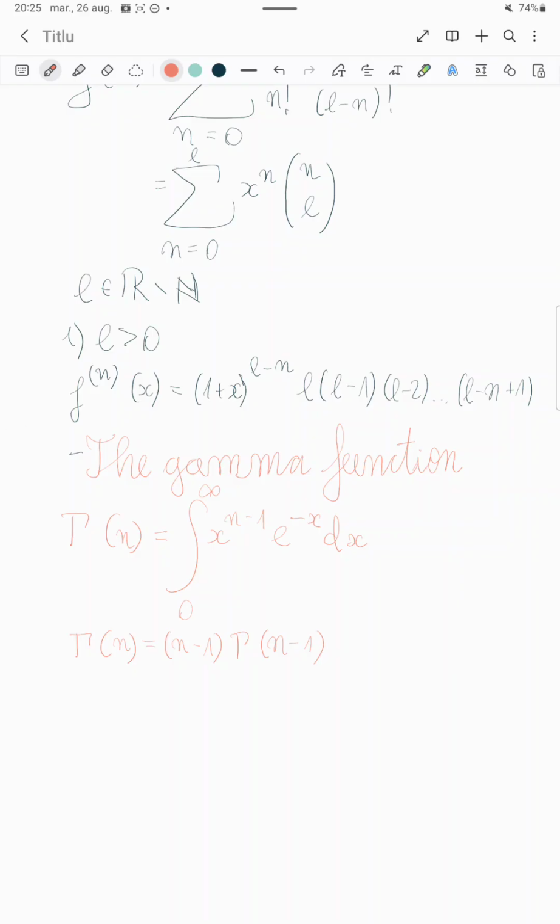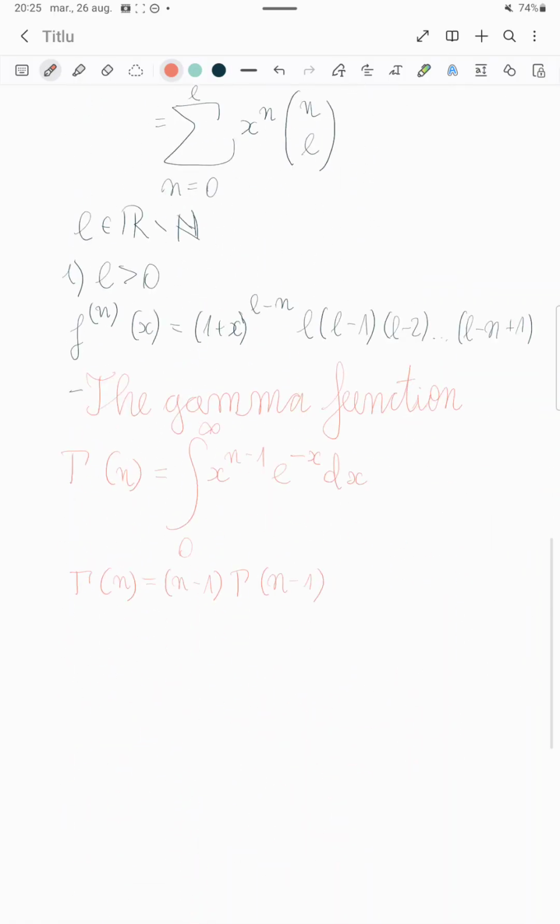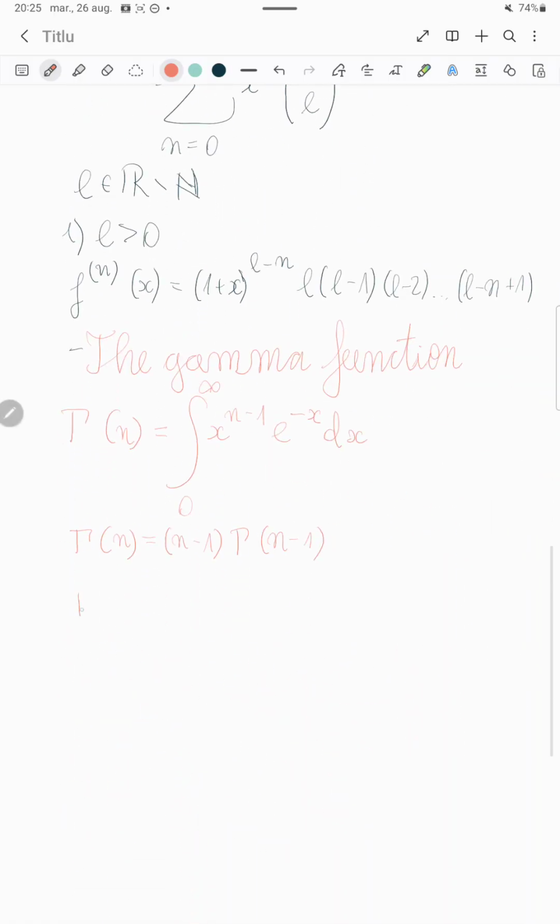And to further prove that this function is a generalization of the factorial, I'm going to calculate gamma of 1, which is the integral from 0 to infinity of e to the minus x dx. That's minus e to the minus x from 0 to infinity, which is equal to 1.